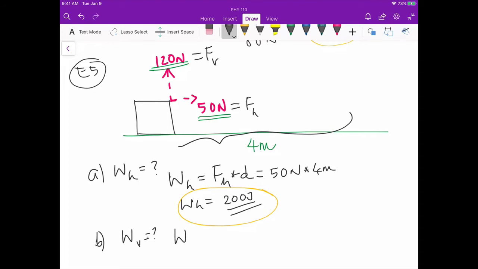So the work done by the vertical component is 0 for a simple reason: the force in the vertical and the distance are perpendicular.